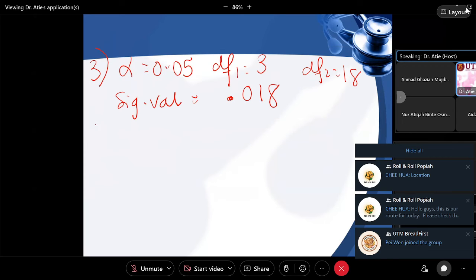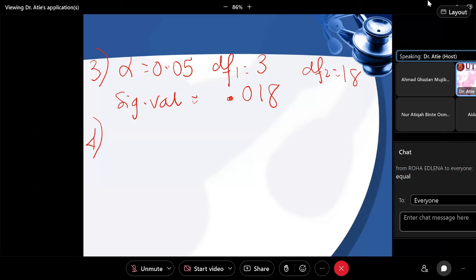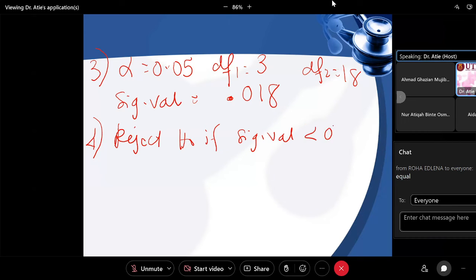So and then number 4, okay, in this case, we don't have 1 or 2 tail. Remember, we only have all the right side. So no more 1 or 2 tail. All right. So step number 4, reject H naught if sigma less than alpha 0.05. Okay.